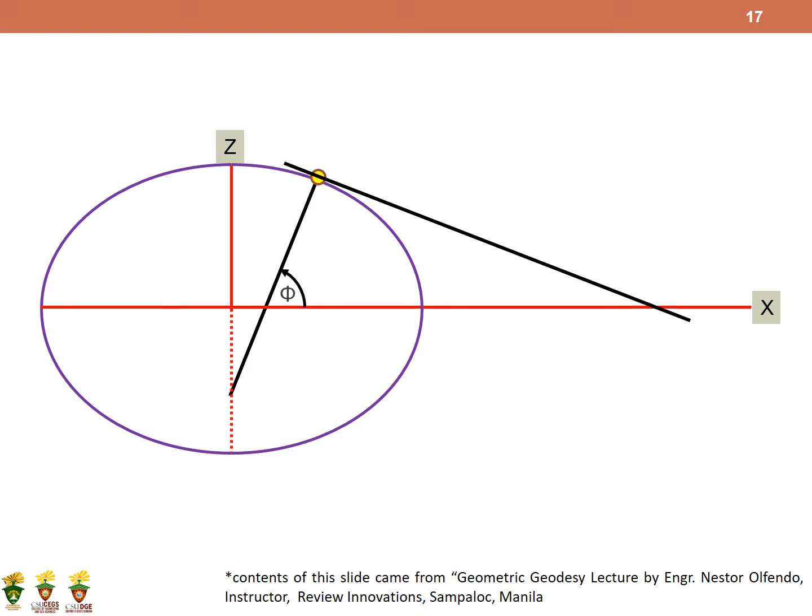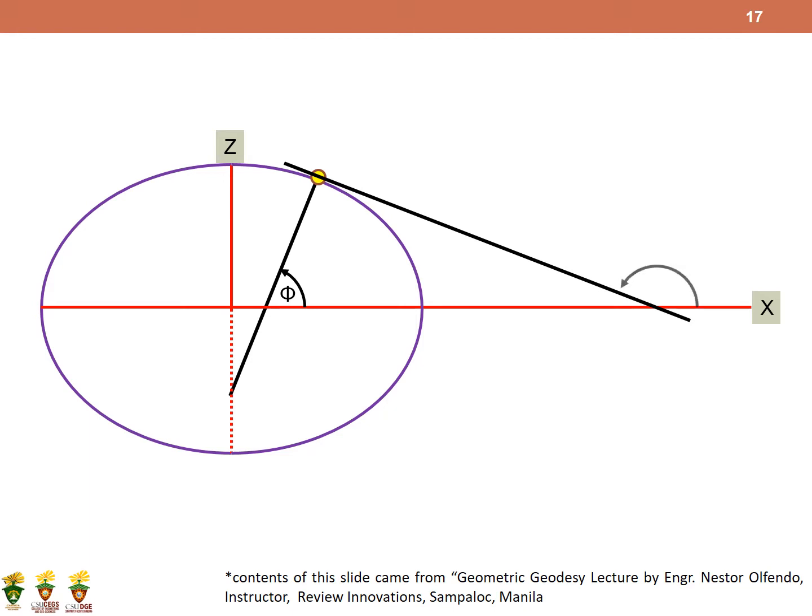So latitude, again, from our previous discussions and your previous course, is measured from the equator to the meridian, the line of the meridian of the location of something on the surface of the earth.